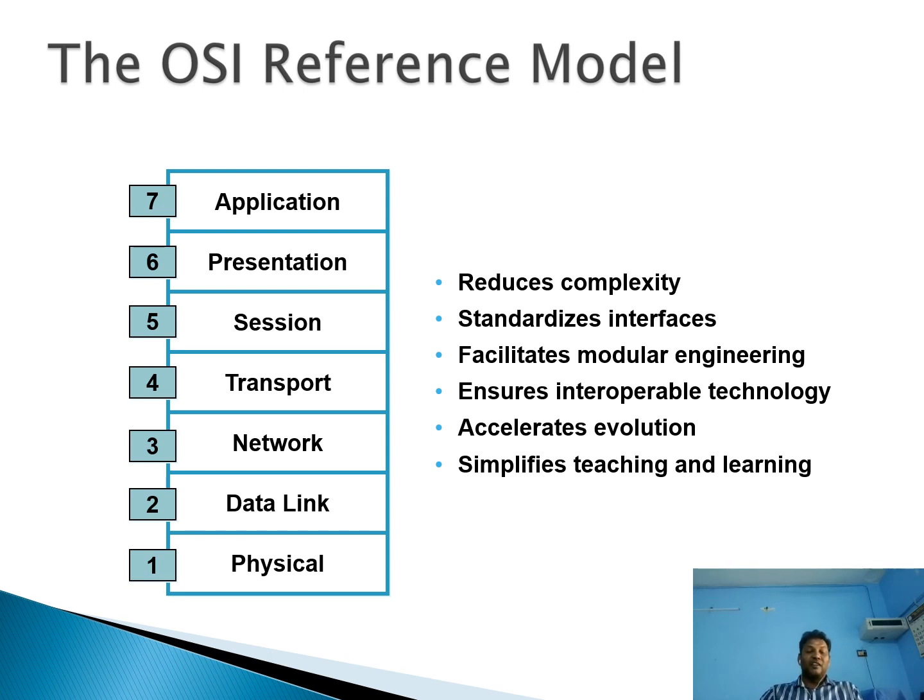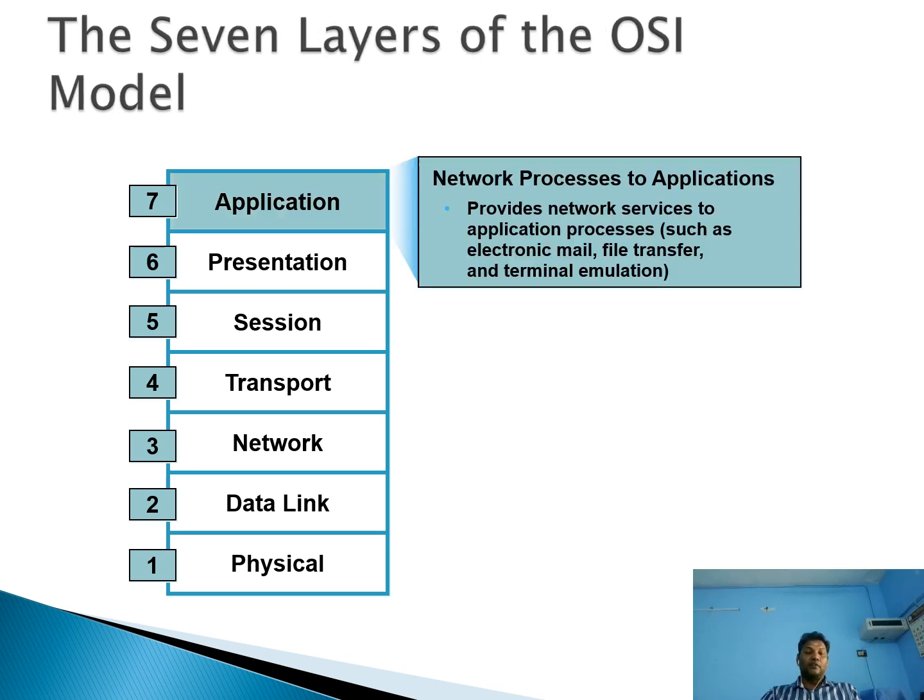What are the characteristics and advantages of the OSI reference model? It reduces complexity, standardizes the interfaces between two different networks or two different systems, facilitates modular engineering, that is step-by-step engineering, ensures interoperable technology, accelerates evolution, and simplifies teaching and learning methods.